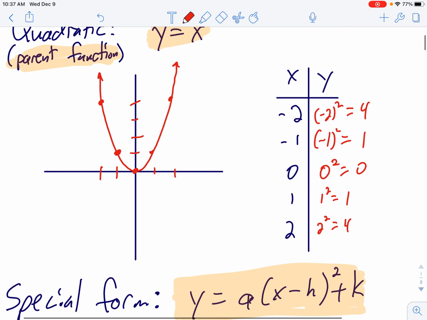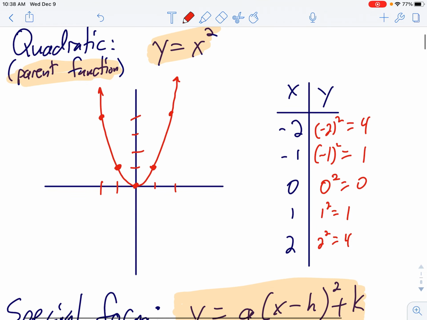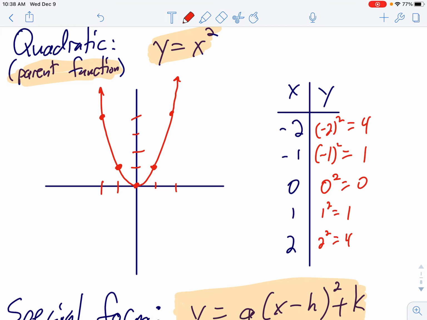That's not perfect, but it'll do. So notice the vertex is at the origin. This graph can be shifted right or left or up or down, and that'll put the vertex in different spots. But without any extra numbers, the parent function has its vertex at the origin.